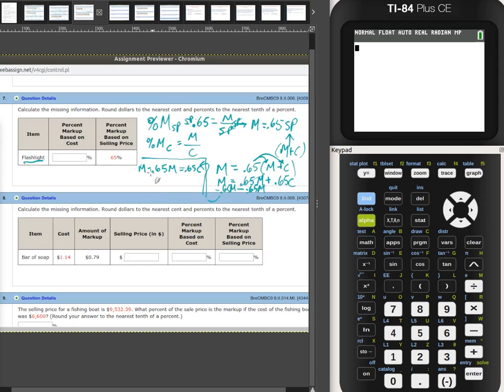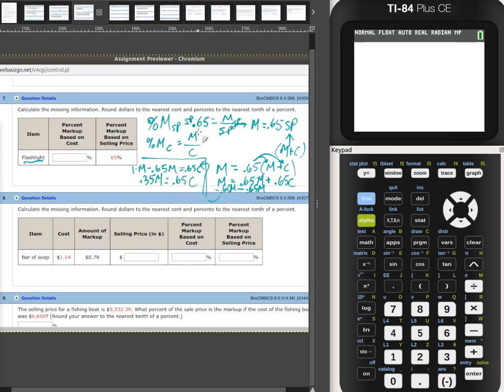Now what is this one though? That should be, because here there is kind of an implied 1, so we only have to subtract 1 minus 0.65, and that's going to be the coefficient in front of m. Of course, 1 minus 0.65 is 0.35. 0.35 of m equals 0.65 of c.